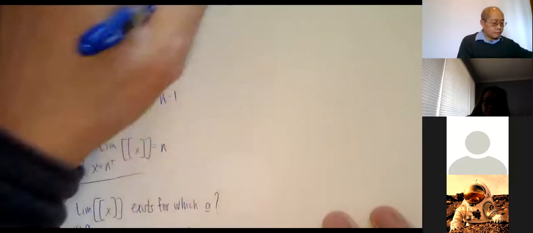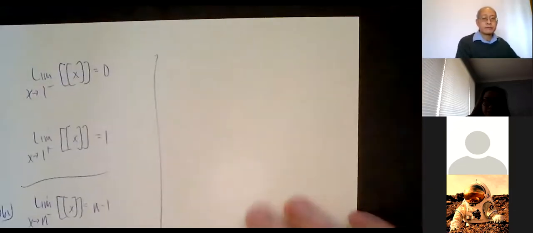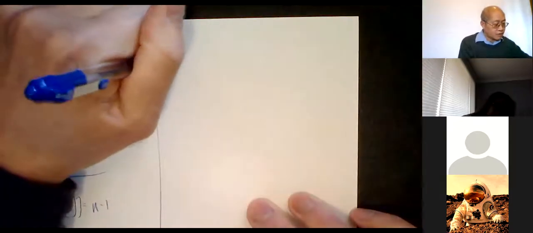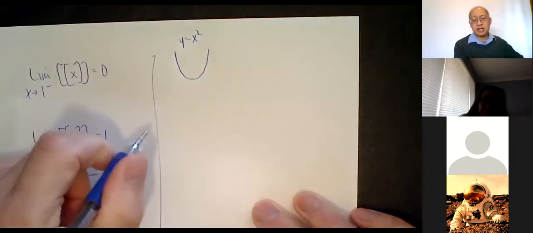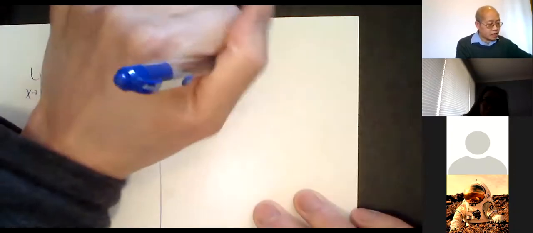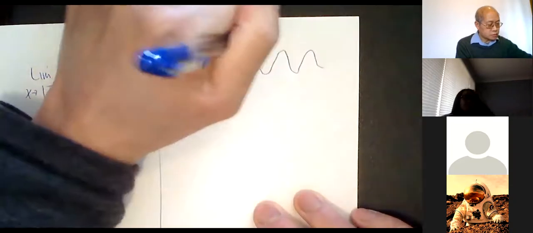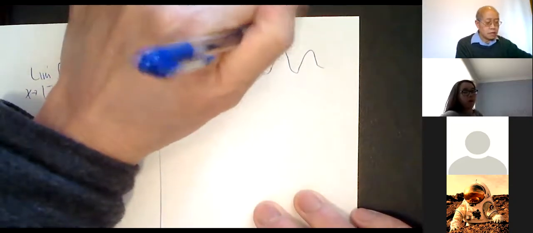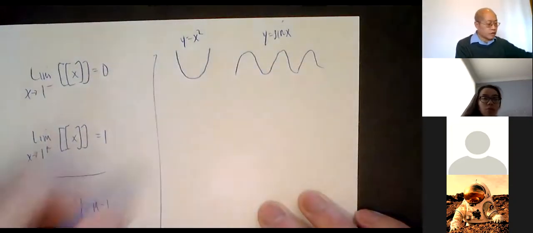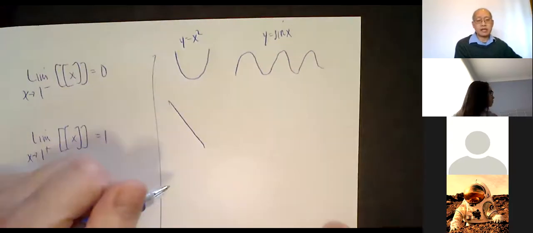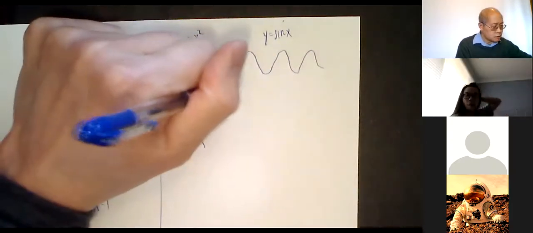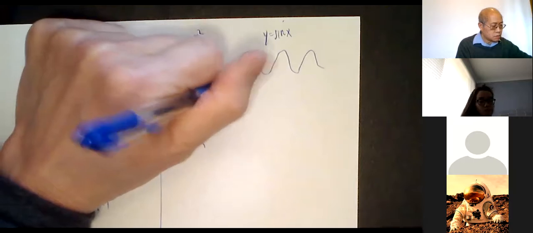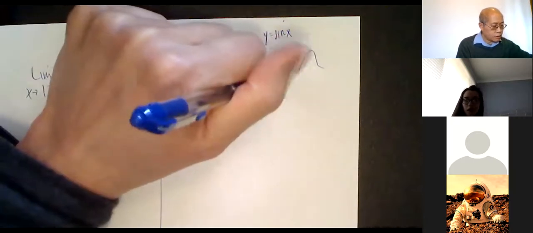So let me just draw some functions right here. If I have y equals x squared, I'm not even going to draw the axes. That looks like it's continuous everywhere, right? I have the sine function. It's continuous everywhere, right? If I have a straight line, it's continuous everywhere. So these are continuous everywhere.